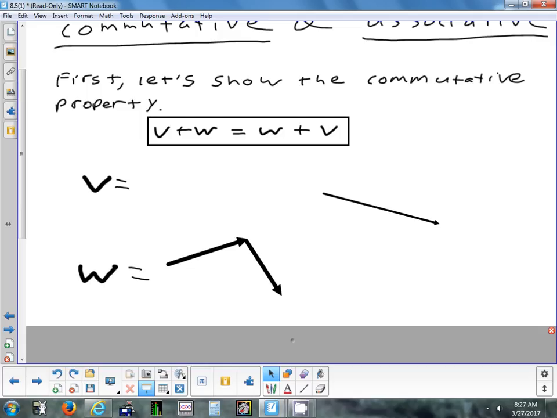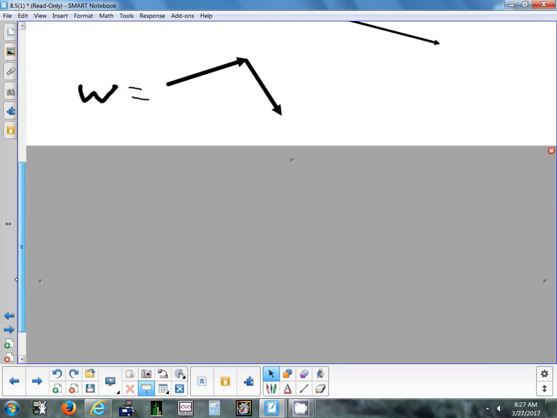Any question on how I line them up to do W plus V? Just switch which one comes first. I'll draw in the answer and compare the two. They come out the same, or close. What I'm trying to show you is that vector addition is commutative. You can switch the order.